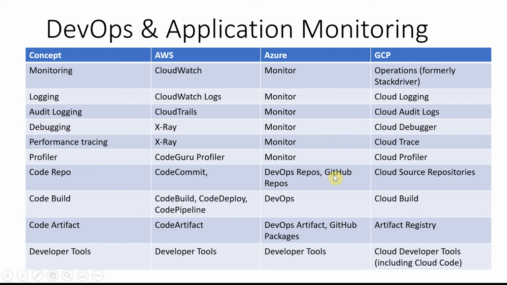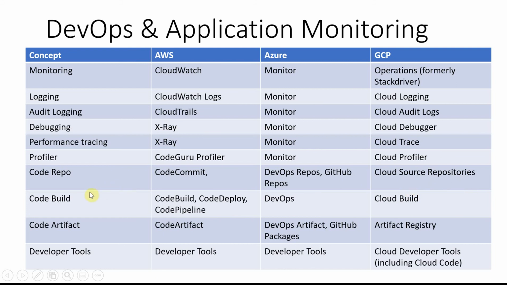So GitHub repos is an enterprise version of GitHub, which you can also use. In GCP, it is Cloud Source Repositories, which integrates with Bitbucket, GitLab, and all the popular vendors.